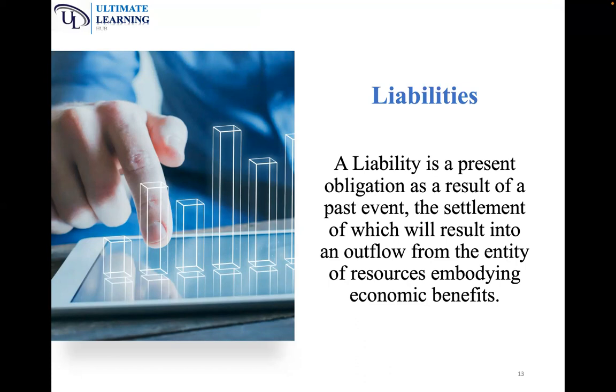So a liability is an obligation that is present. It's a current obligation, and that obligation is as a result of a past event. When you settle that obligation, it will result into resources flowing out of the business.